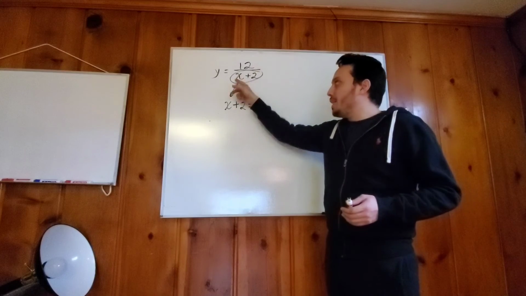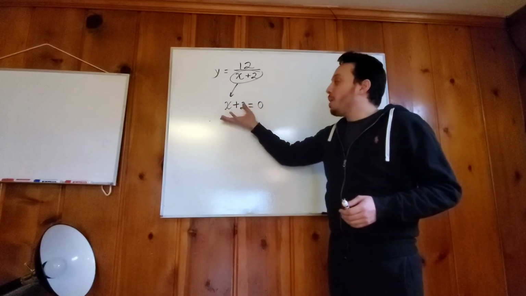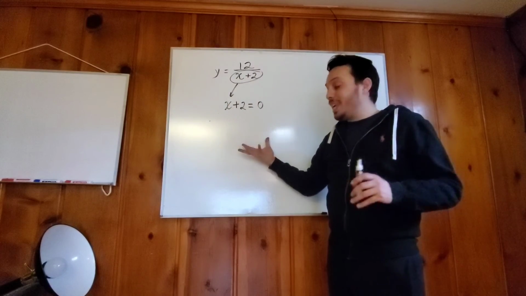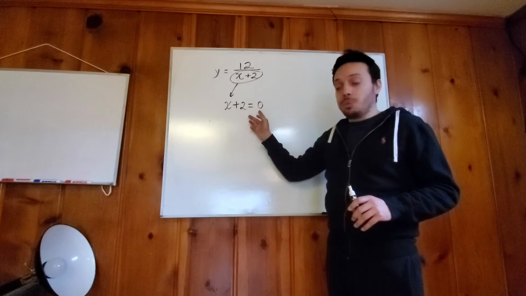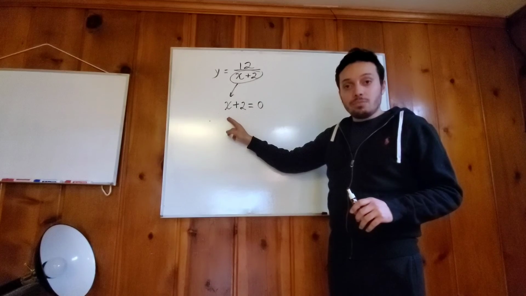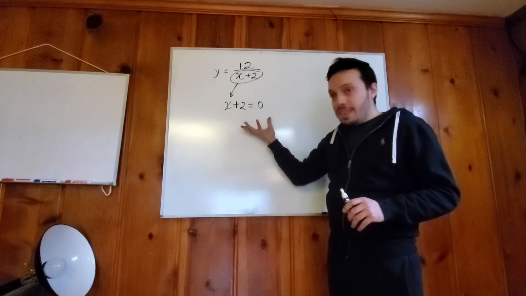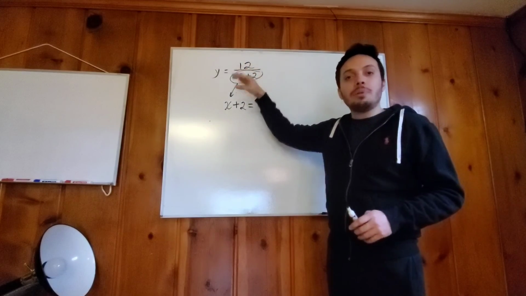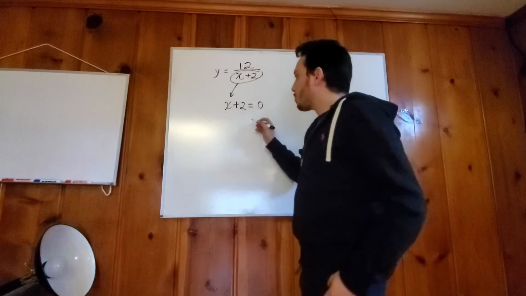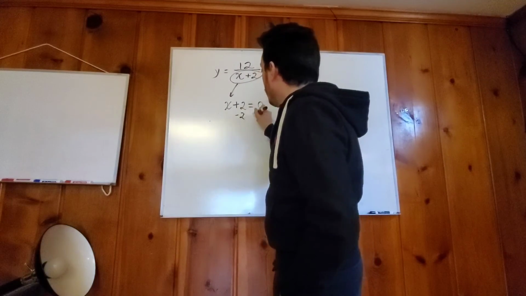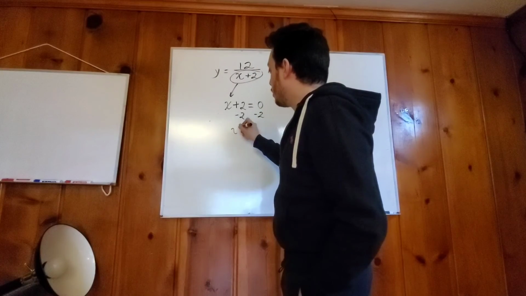I don't want my denominator to be equal to 0. So I'm going to find out what value I can't put in here by making it equal to 0, solving for x, right? Leaving x by itself. And that value I cannot put in the denominator because it will make it 0. And I cannot divide by 0. So that is going to be this.